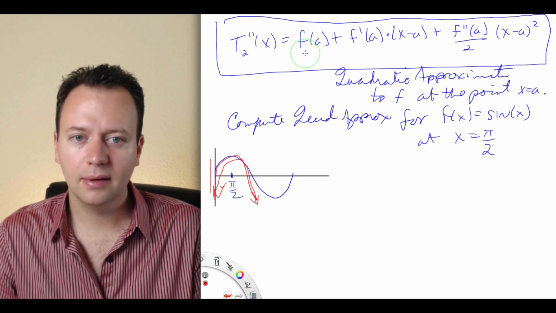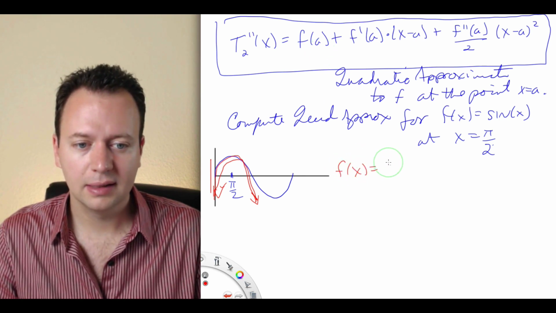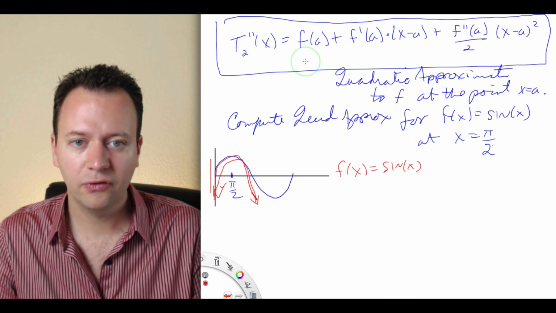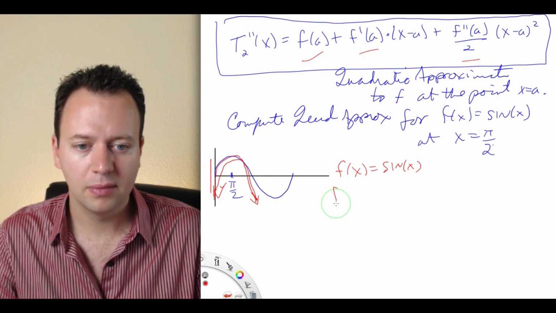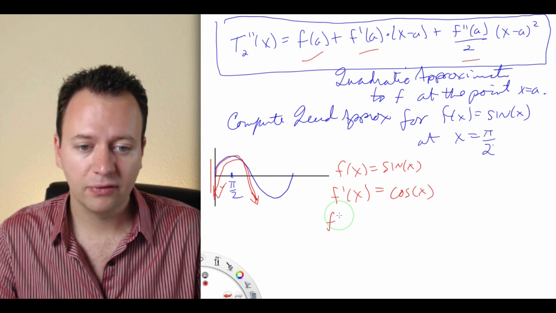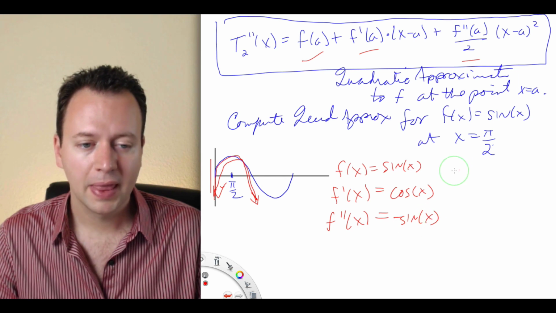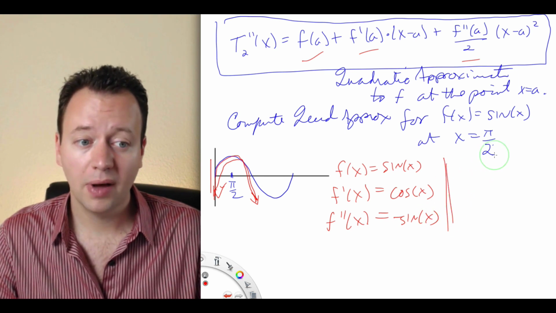Okay, so here a is going to be pi over 2. So f of x is sine of x. We need f prime and f double prime. F prime of x, derivative of sine, is cosine of x. And f double prime of x, derivative of cosine, is negative sine of x. So now let's evaluate these at pi over 2.